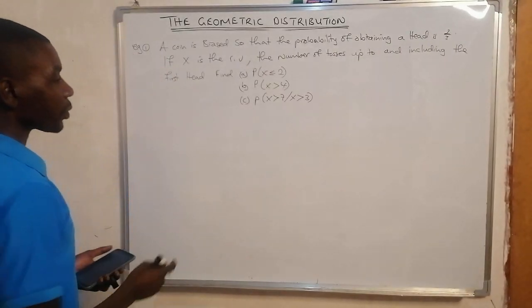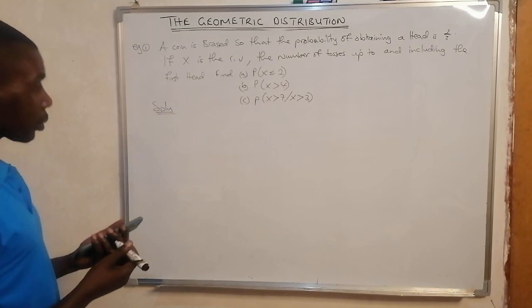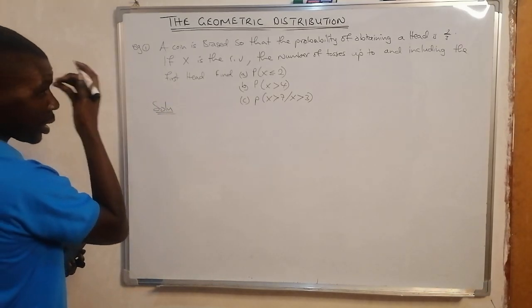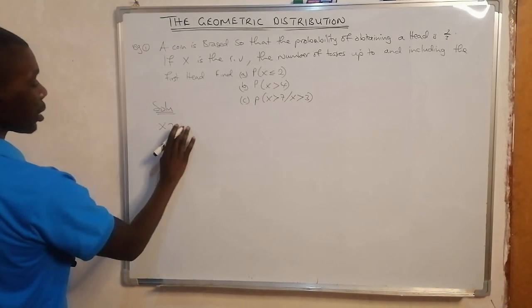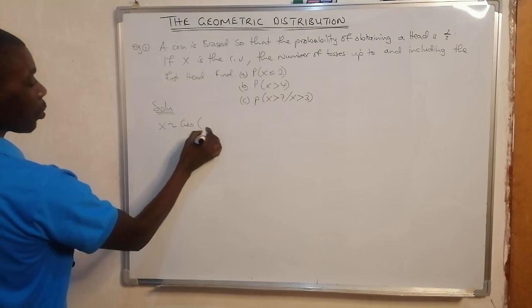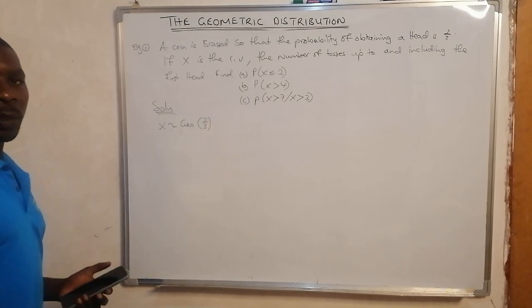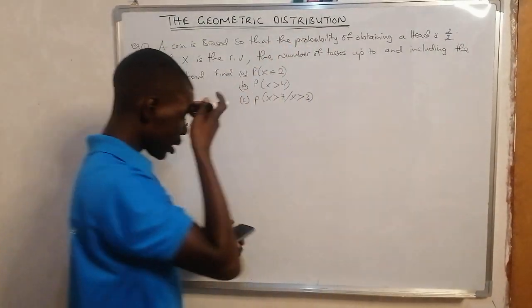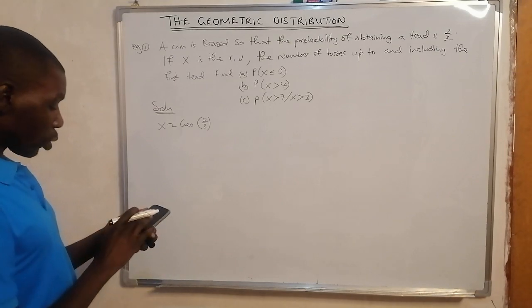Alright. Our solution, remember we said x follows geometric distribution with probability of success 2 over 3. That's the probability of obtaining a head. Right? P of x is less than or equal to 2.